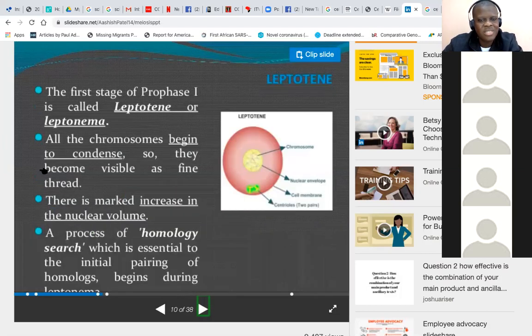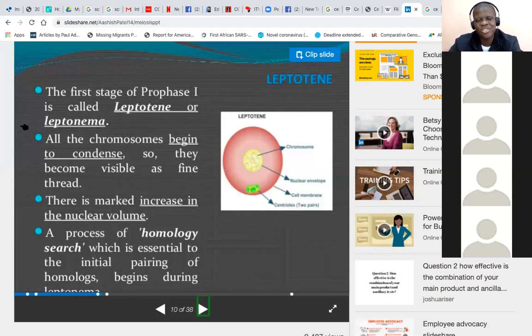The first stage of the prophase is the leptotene, and what happens there is the commencement of the condensation of the chromosomes. In other words, the chromosomes are condensing and becoming more visible. If you remember what I said, condensation of chromosomes makes them enlarge in size and easier to visualize.